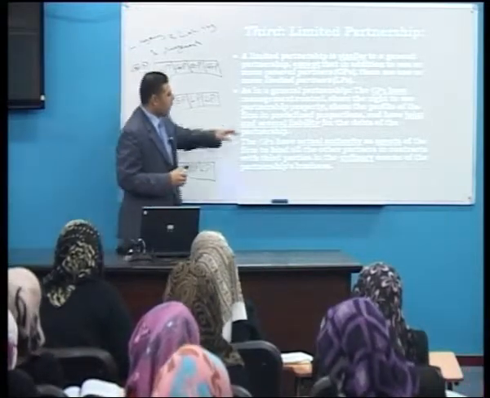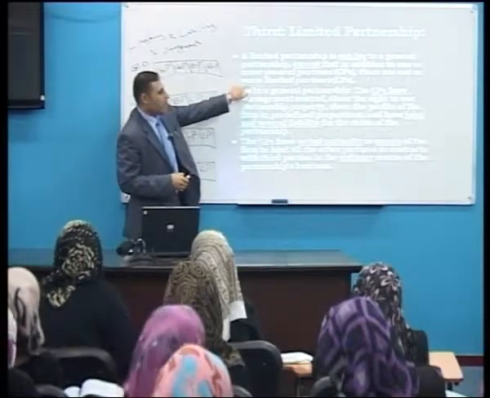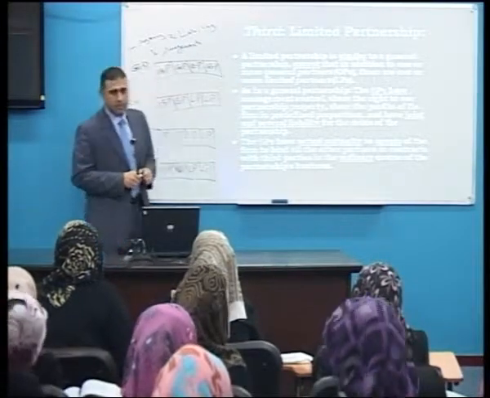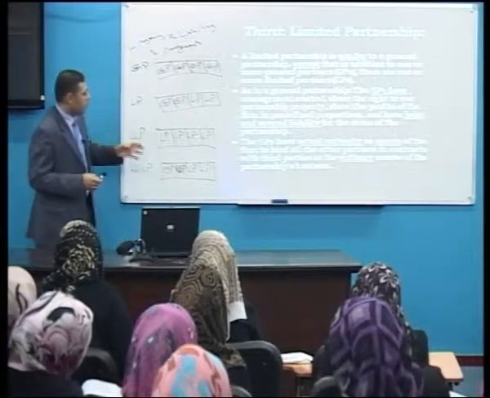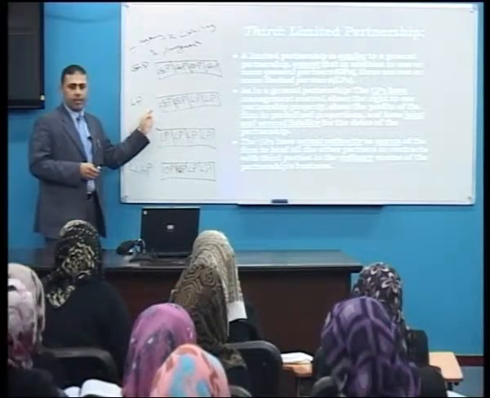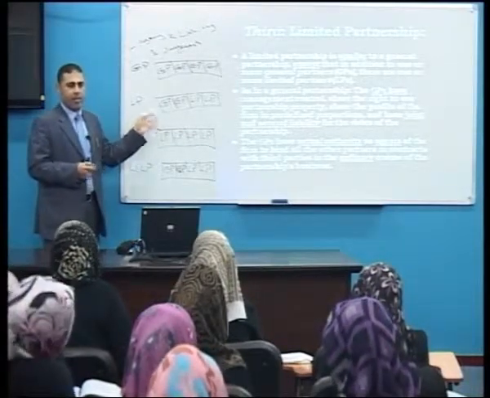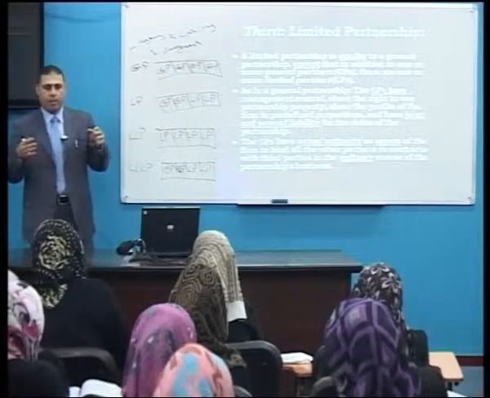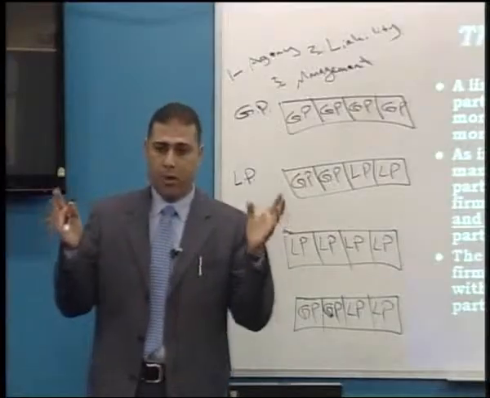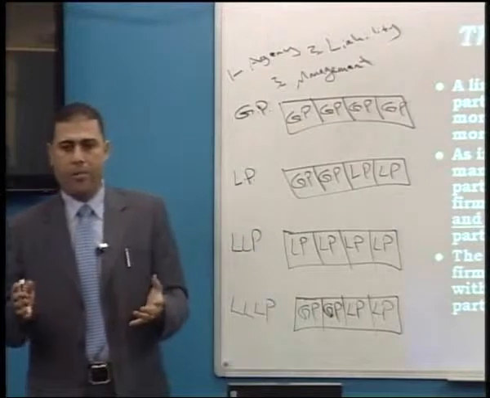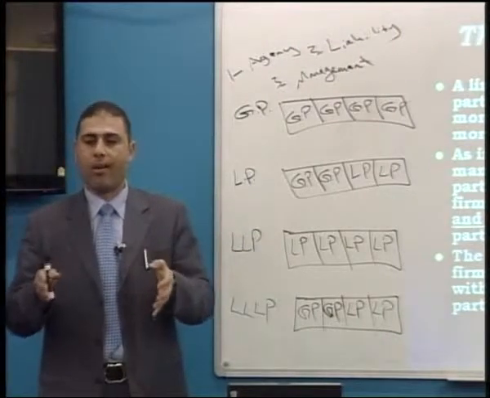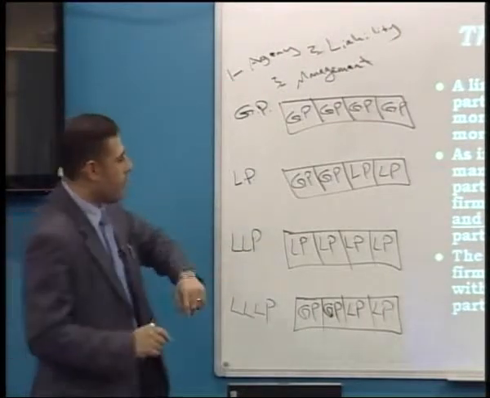We have to have a minimum of one LP and one GP. Why? Because to be able to establish such an entity, it's something in the structure. It's a combination of two types of partners. So I would not be able to have all of them one color, one type. No, we have to mix between them.